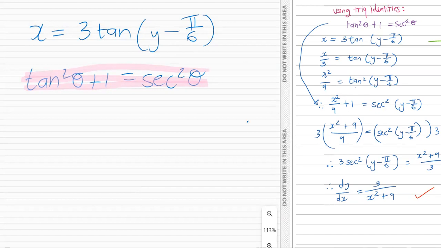Okay, so let's go ahead. First thing I want to do is divide both sides by 3 and get x over 3.